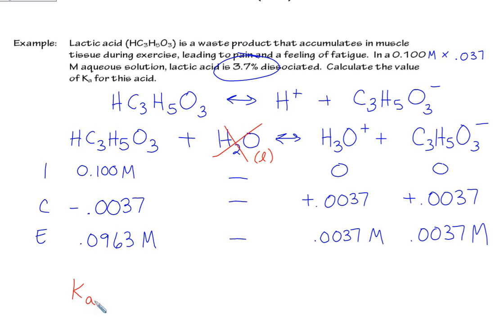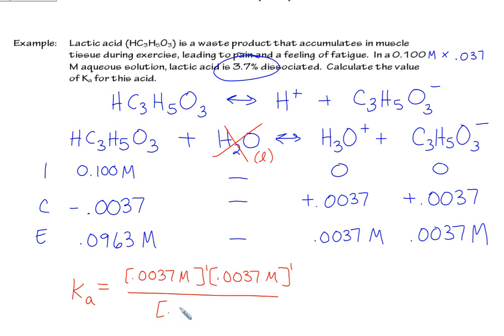Ka equals products over reactants. So we will have 0.0037 to the first times 0.0037 to the first, and obviously you don't have to write a 1 in there. And then that's all over 0.0963 to the first.